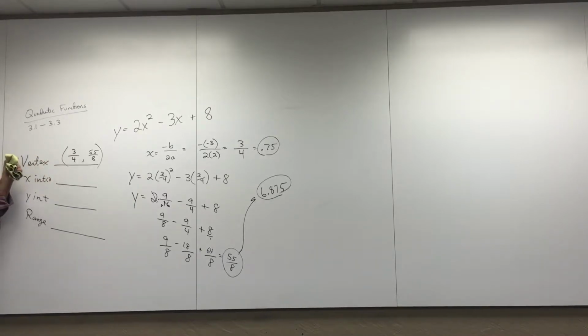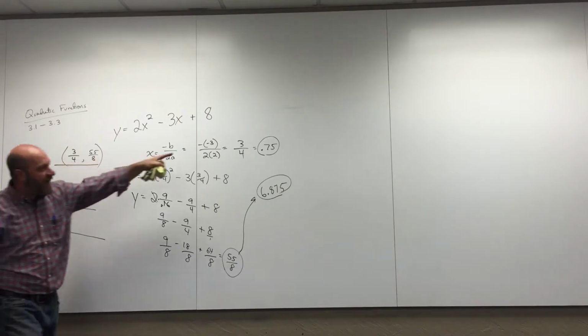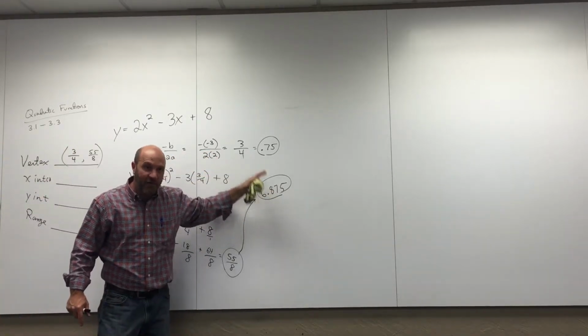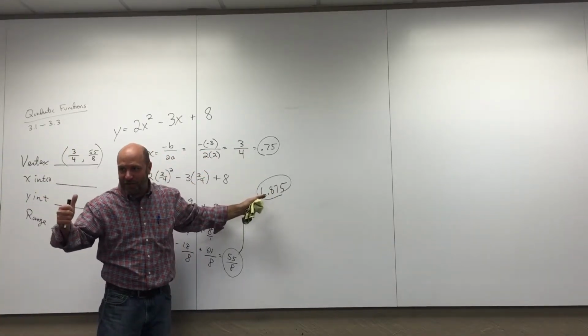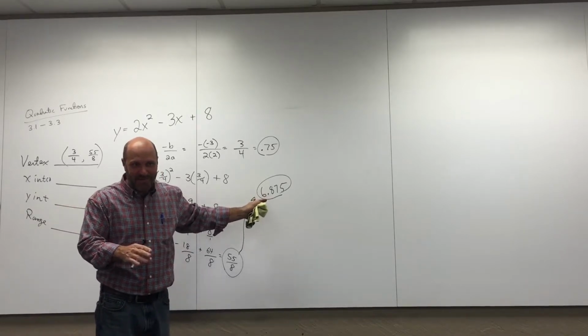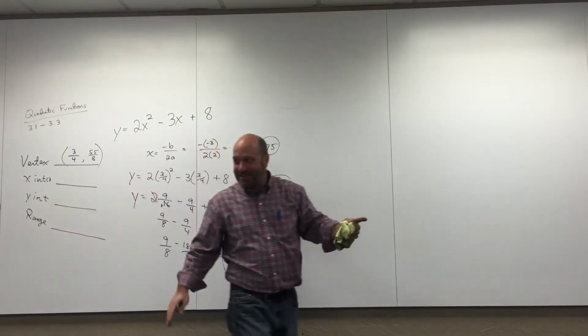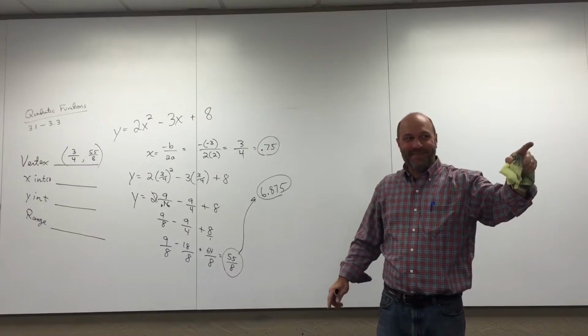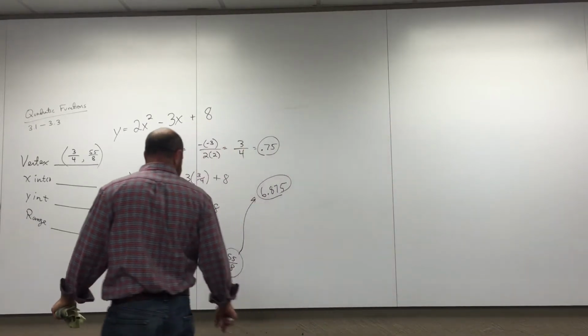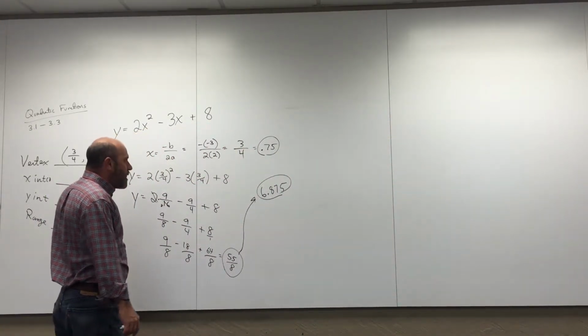So you might call that a tough vertex, right? It didn't come out to be 3 and 2. It came out to be 3/4 and 55/8, or 0.75 and 6.875. It's a little tougher vertex than your old baby algebra vertex. This is college algebra vertex. Why did you change that to 0.75, the 3/4?